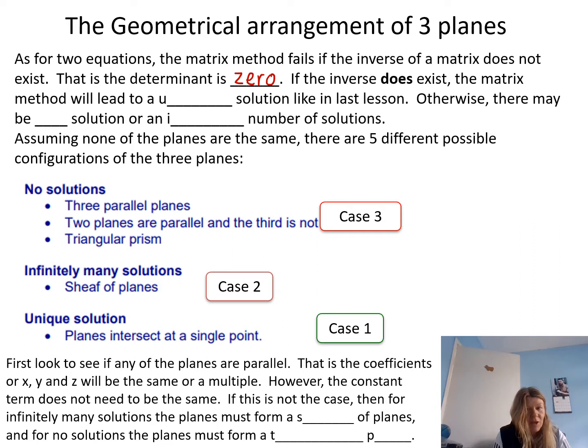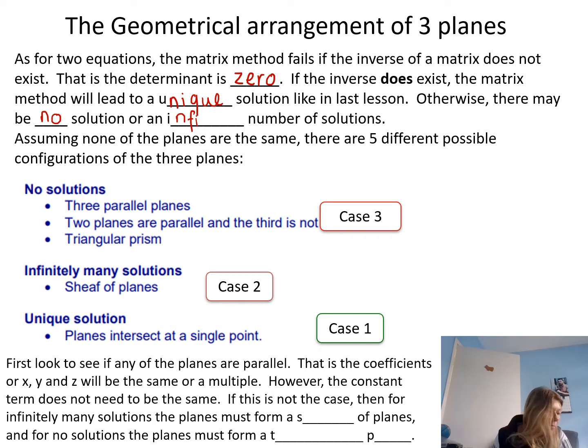If the inverse does exist, the matrix method will lead to a unique solution, like in last lesson. However, if it's 0, we're not going to get an inverse. So otherwise, there may be no solution or an infinite number of solutions.